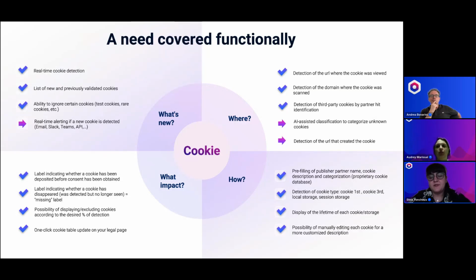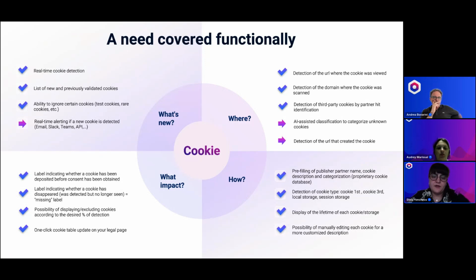The next steps, which are in work currently, are AI-assisted classification of the cookies and detection of the URL that actually created the cookie. So we don't only have the URL where the cookie was found, but we can also detect the URL which created the cookie. How is this being done?